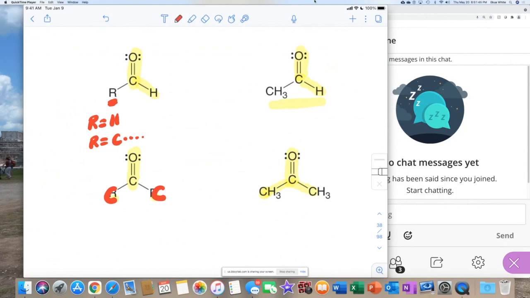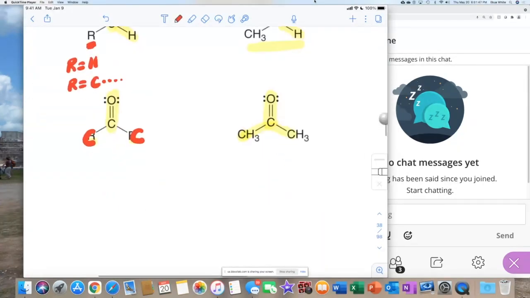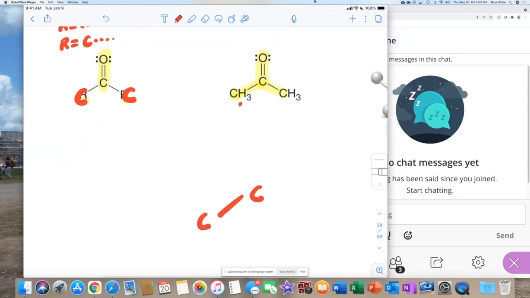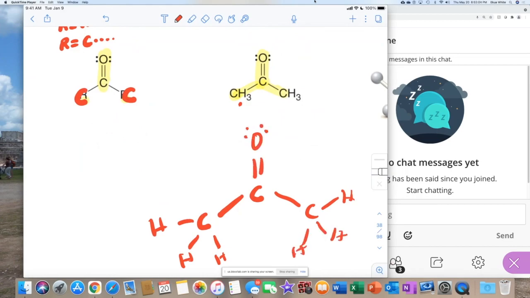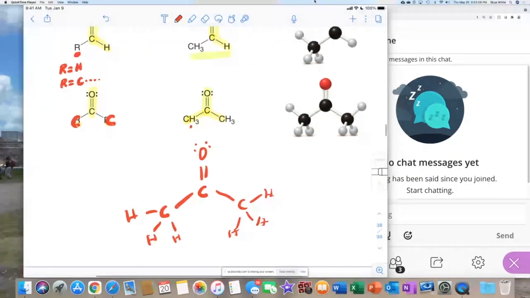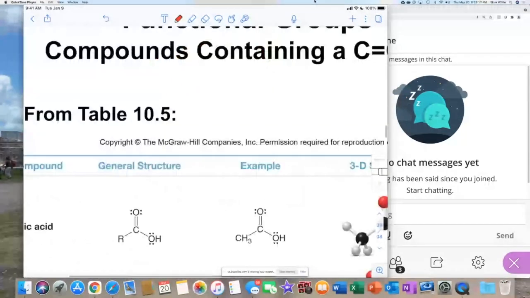Even though the hydrogen is written in front of the carbon, the carbon is technically attached to the carbon next to it, and then these hydrogens are technically out here like that. Okay, just in case. So they show you here in this model that's set up. Okay, so let's keep going.